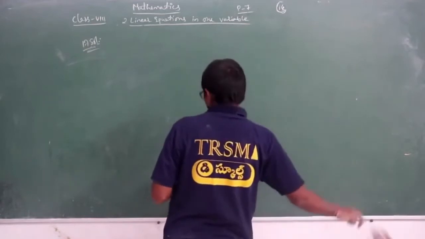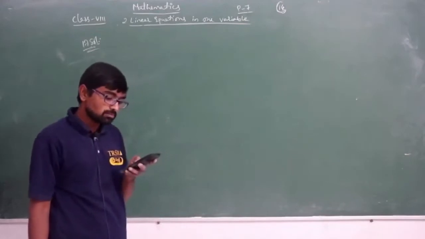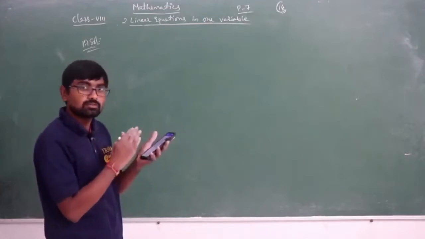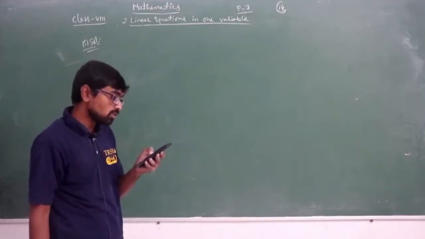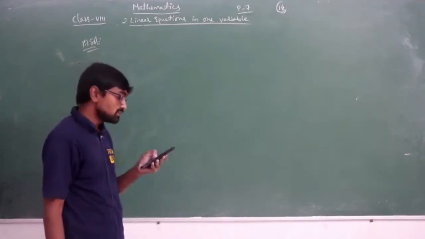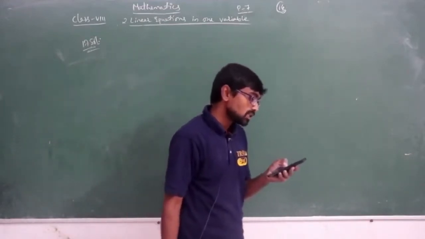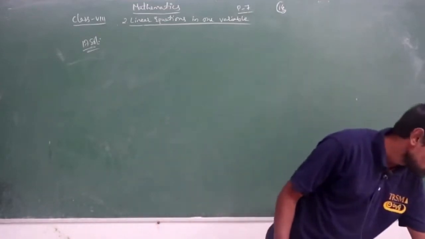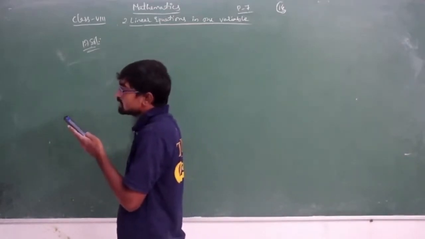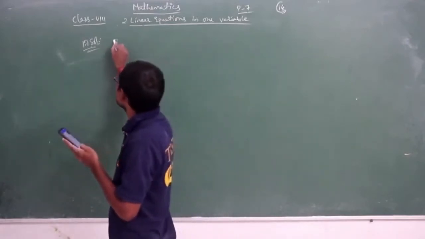you have this question number 17. What is question number 17? The sum of the page numbers on facing pages of a book is 373. What are the page numbers? Let me write it here.